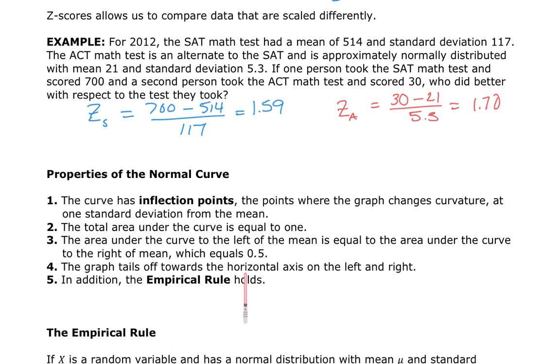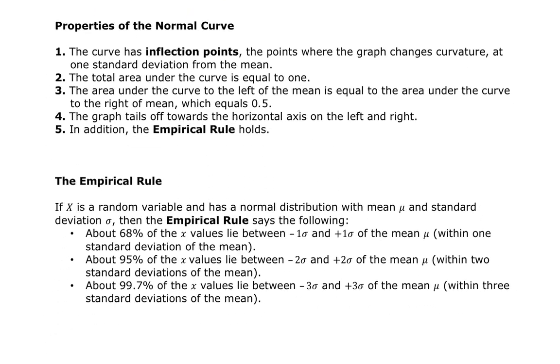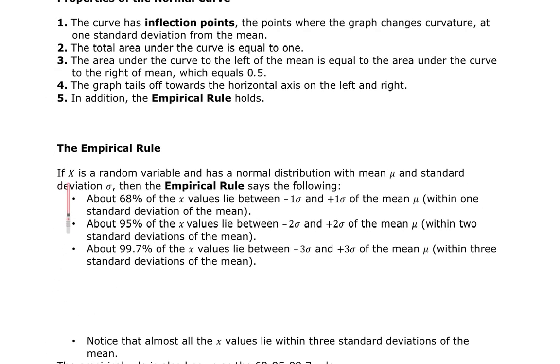The graph tails off towards the horizontal axis to the left and right, and we can use the empirical rule. What is the empirical rule? If x is a random variable and has a normal distribution with a mean mu and a standard deviation of sigma, then 68% of the values, these lowercase x's, these points of interest, lie within one standard deviation in each direction of the mean. 95% of these values that we're interested in are within two standard deviations of the mean.